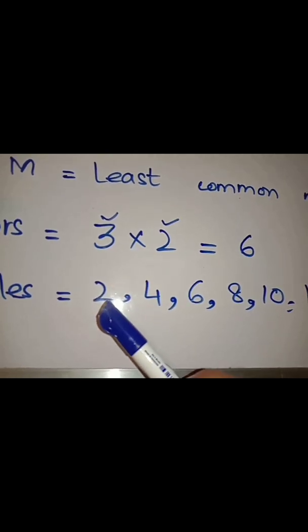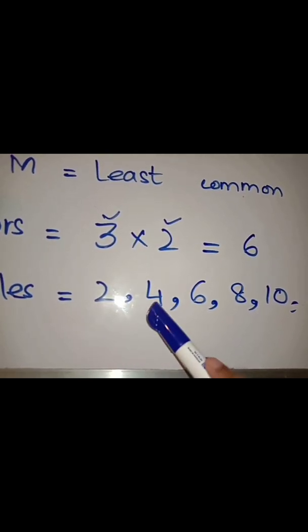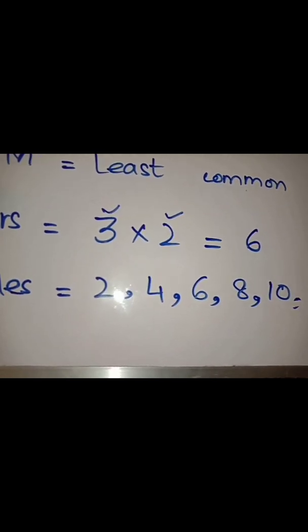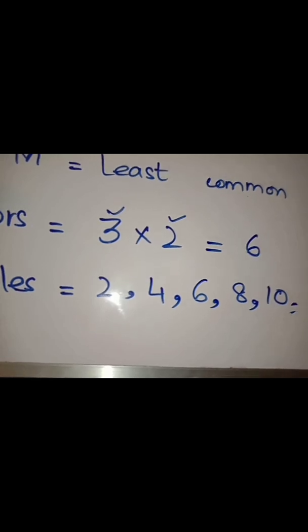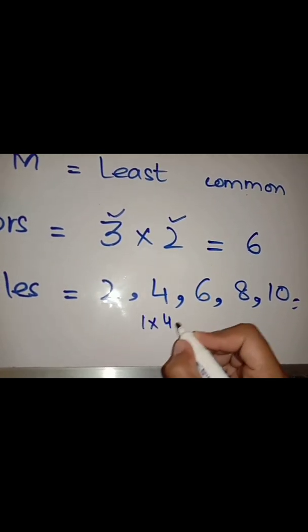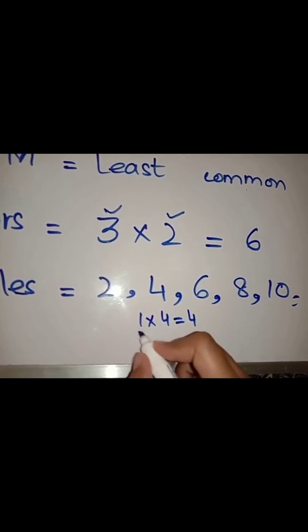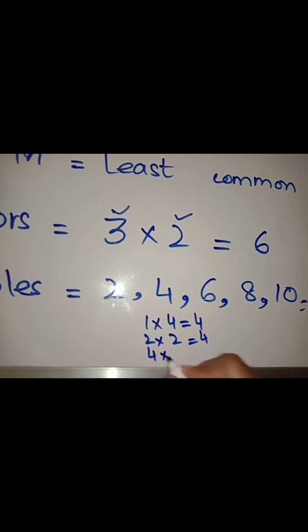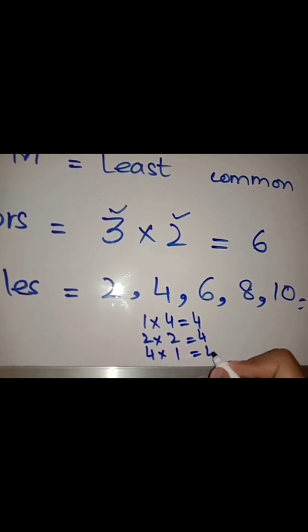What are composite numbers? 4. 1 fours are 4, 2 twos are 4, 4 ones are 4.